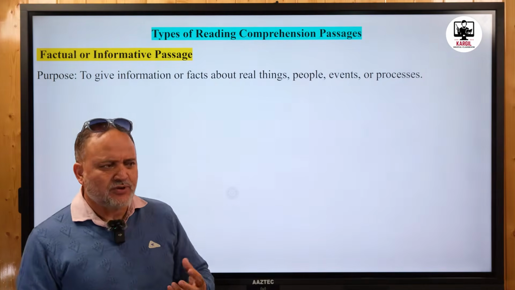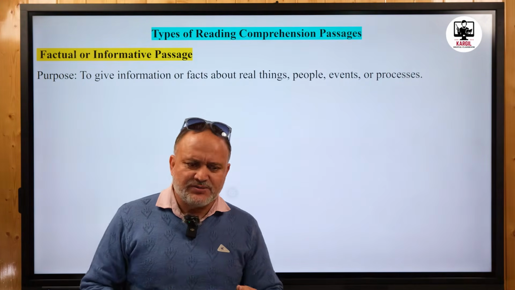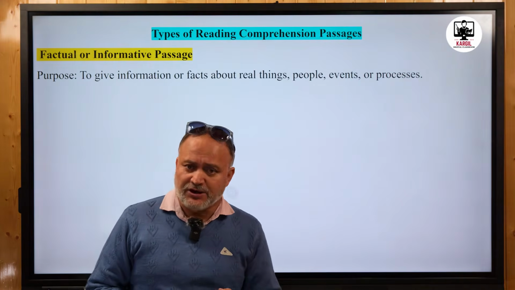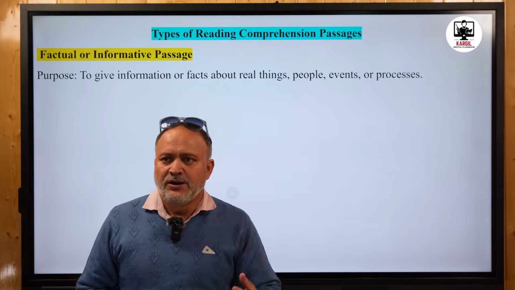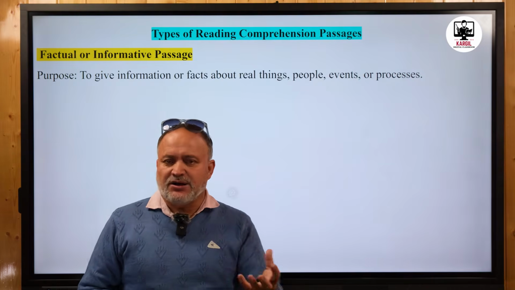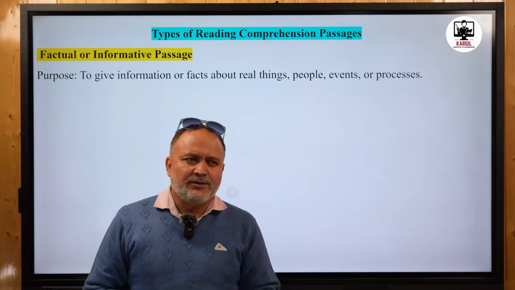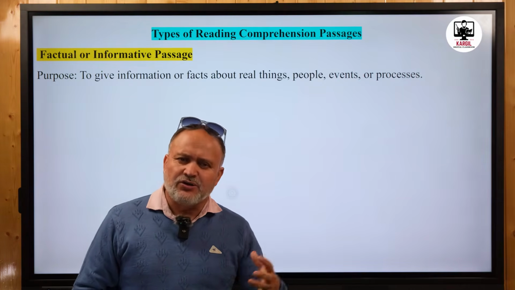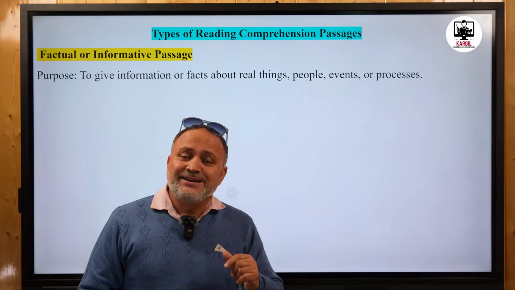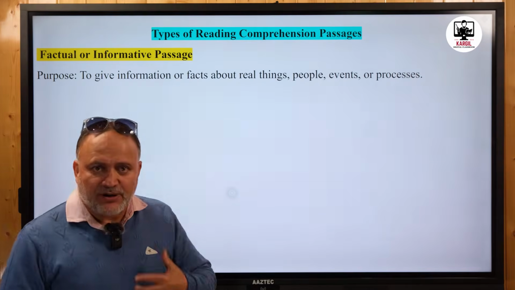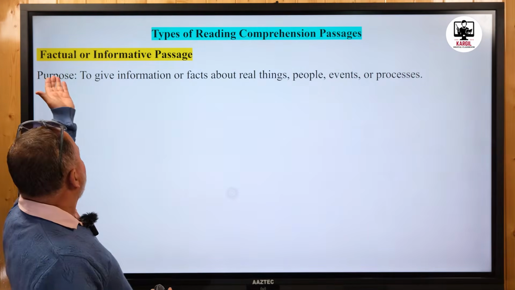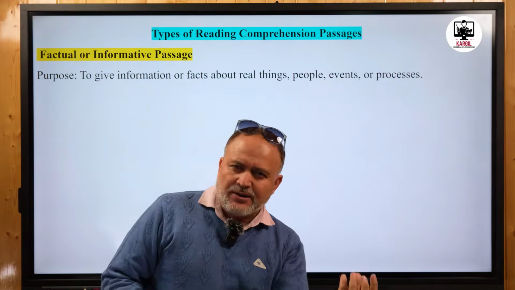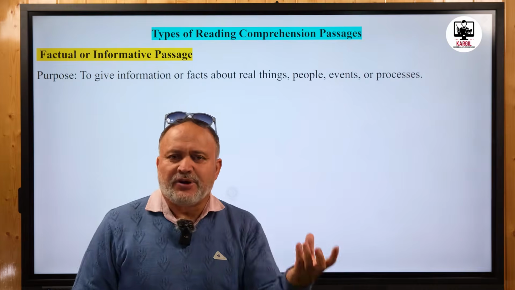For example, it is one of the favorite fruits of district Kargil, mostly found in some areas like Hardas, Karkichu, Batalik, and you can also find apricots in less quantity in other parts. So this type of passage is called a factual passage.